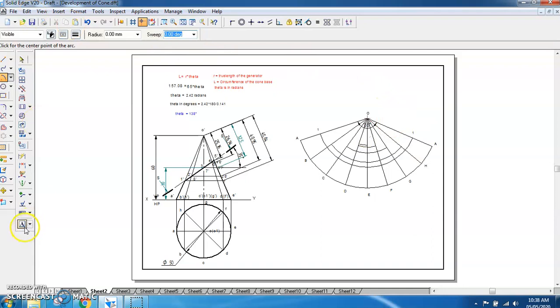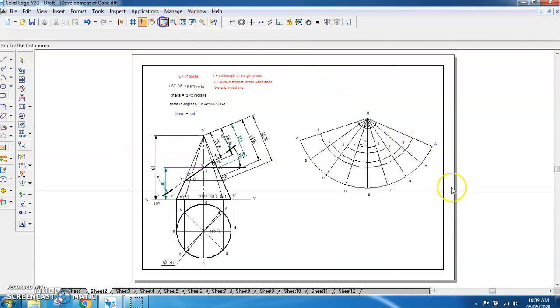So you have got all these points: 1, 2, 3, 4, 5, 6, 7, and 8.